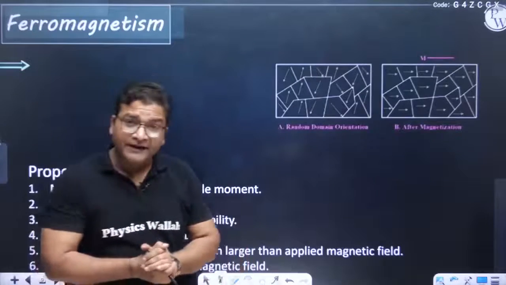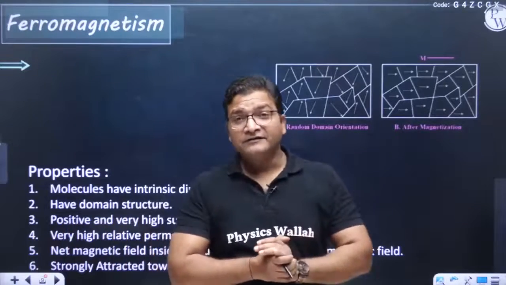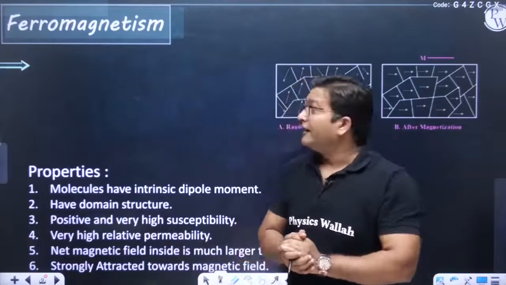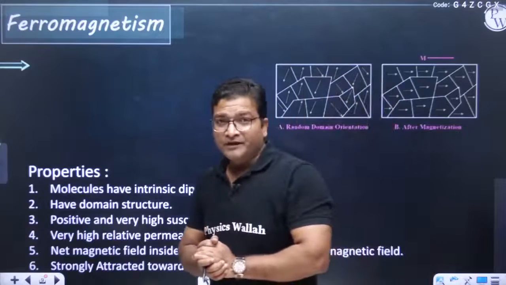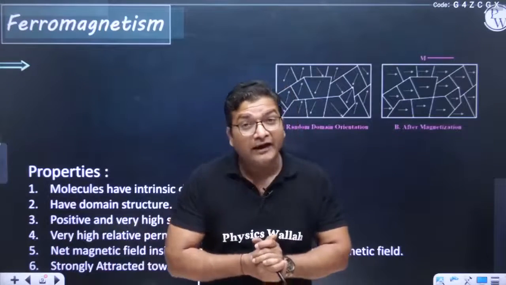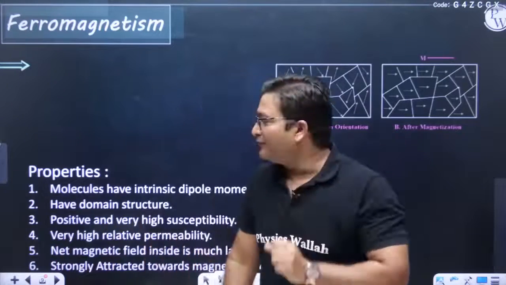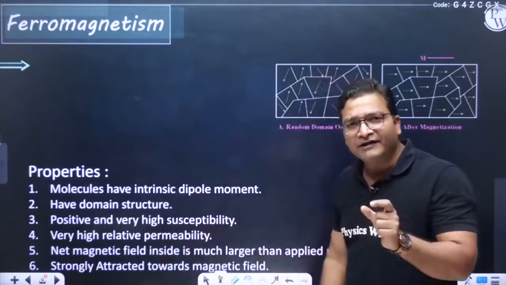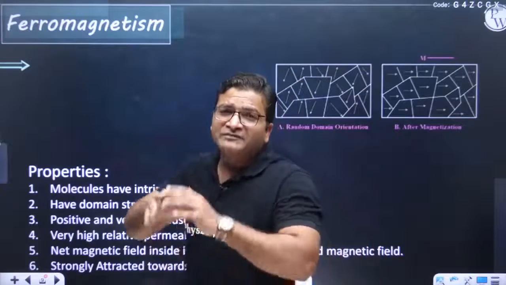Now let us study the next type of magnetic materials, the ferromagnetic materials, and the property is called ferromagnetism. The molecules of this type of magnetic materials also have their intrinsic dipole moment. So their molecules also behave like a tiny magnet, but they have a special property.